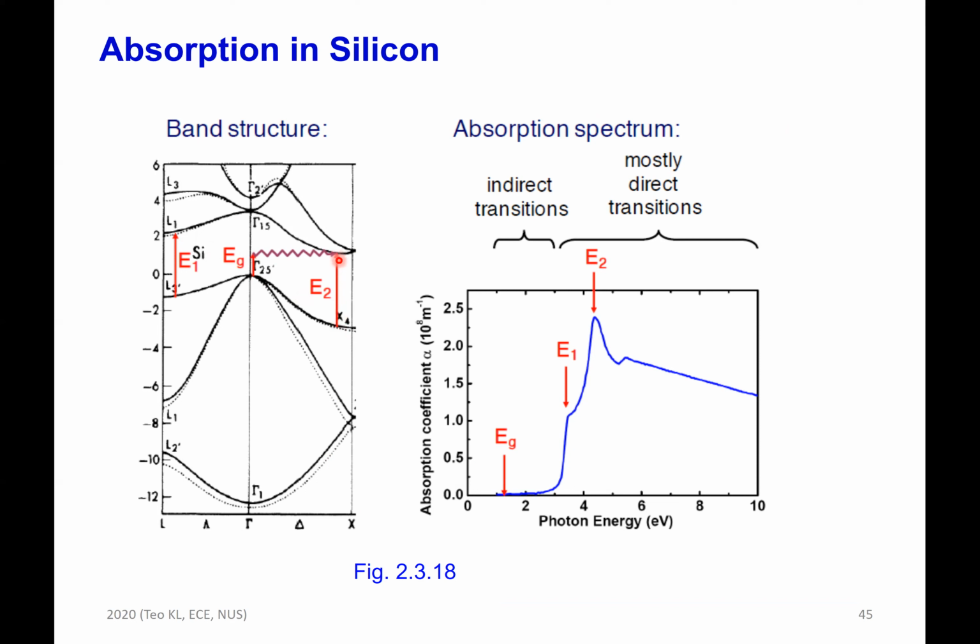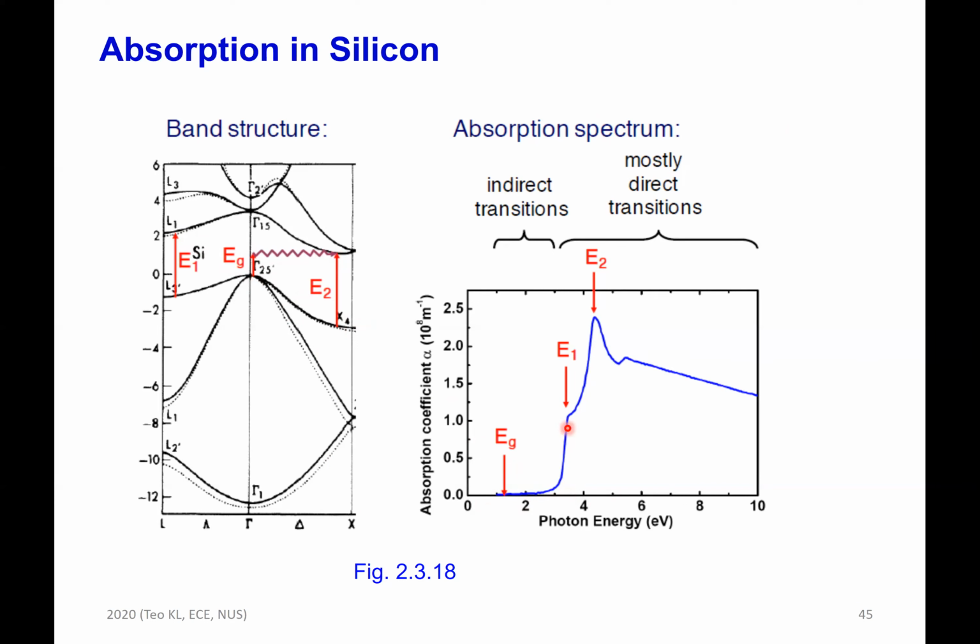So this graph is the absorption coefficient as a function of photon energy. This part is the band gap energy that we are talking about, by absorbing a photon.